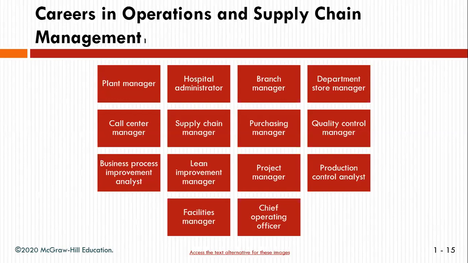And you have the production control analyst, somebody in charge of looking at the production, how to improve it and how to minimize the cost. And then you have the facilities manager, and COO.